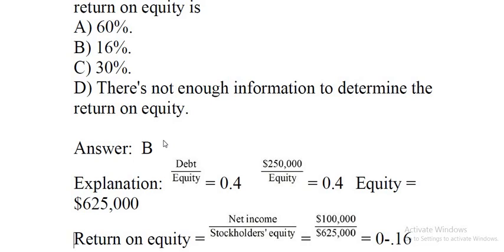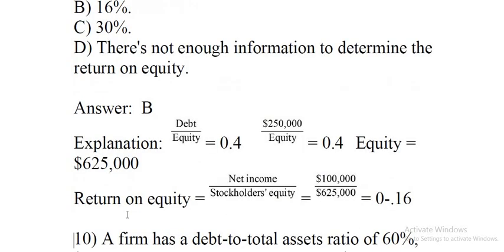Return on equity equals net income divided by stockholders' equity. So debt divided by equity equals 40% or 0.4. So equity equals 625,000.